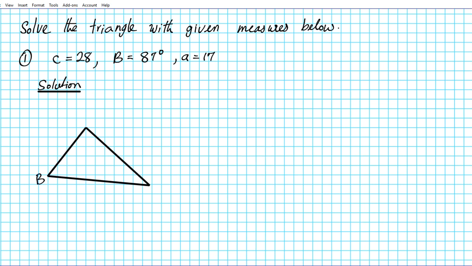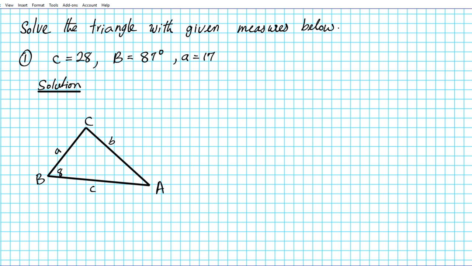Let's call this B, this big C, and this big A. If this is big C, then this is automatically little c. If this is uppercase A, this side is little a, and this side is little b because it's opposite big B. So the way you label your triangle is very important.